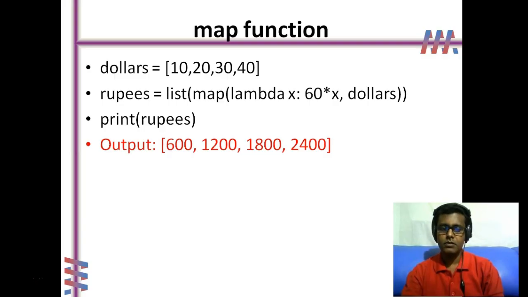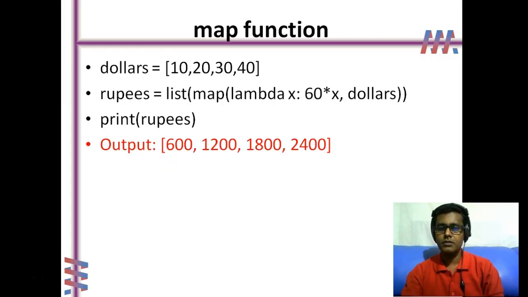The values in the list dollars will be supplied one by one to this lambda function as x. First 10 is supplied to x, so the x value is 10, and 60 into 10 is 600.